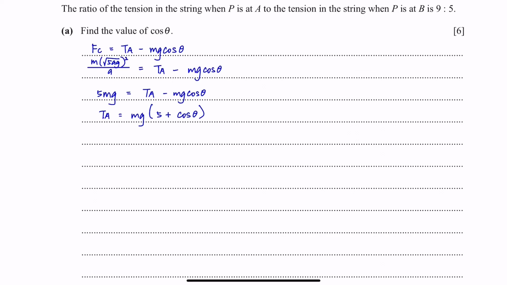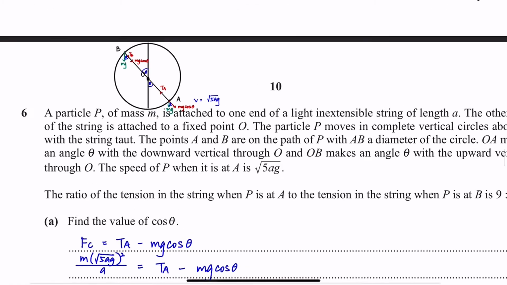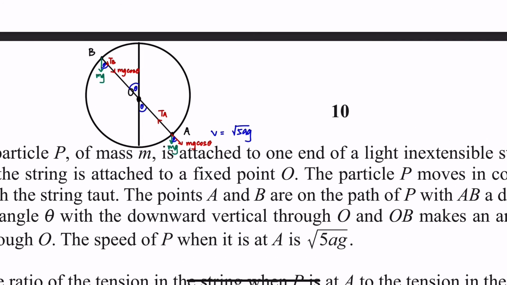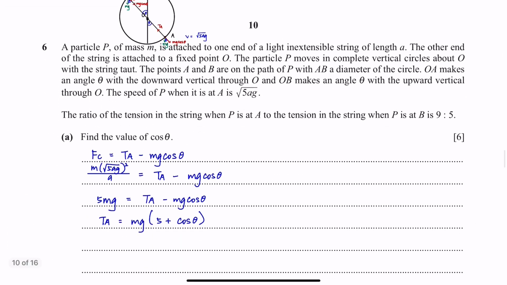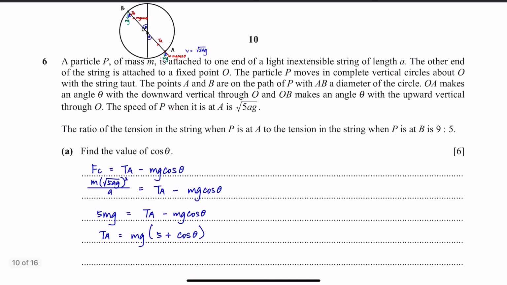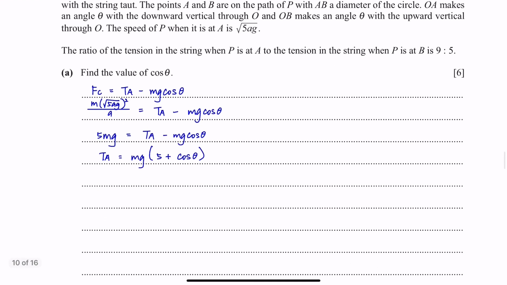And now we will need to find the tension at point B, this force over here, but we do not have any info to find the centripetal force. So what we have to do is we need to use the conservation of energy to find the speed of the particle at point B. So we have the GPE gain will be equals to the KE loss.